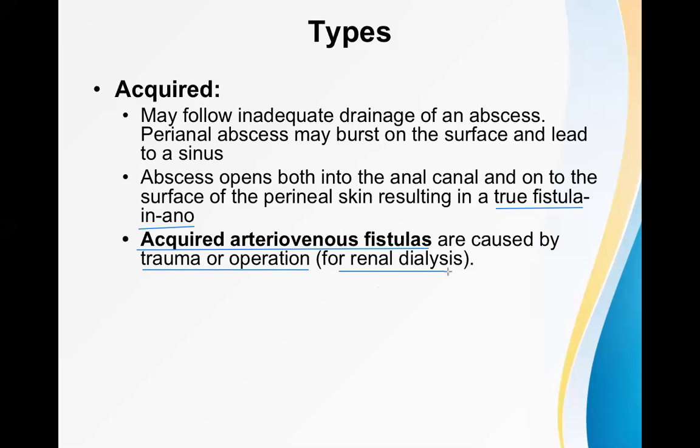For renal dialysis or hemodialysis, the surgeon creates an artificial arteriovenous fistula on the wrist area, so that they can easily go for hemodialysis later on. So many times they can repeat from the same area for hemodialysis. Let's talk a little bit about hemodialysis. You must be knowing about this.